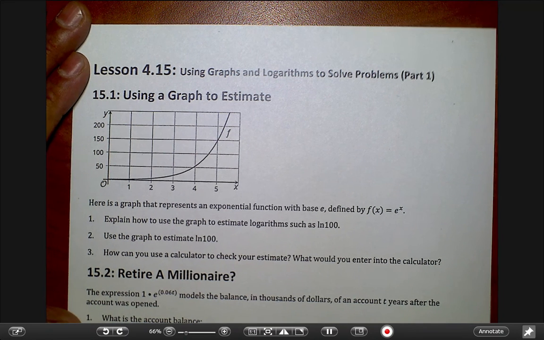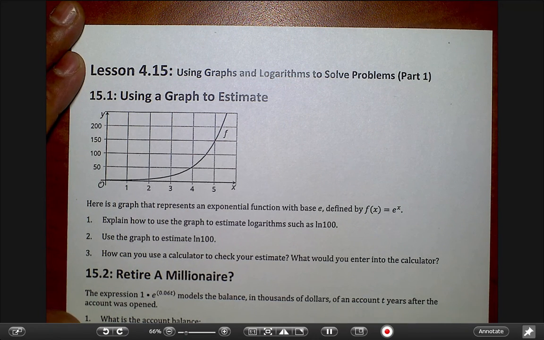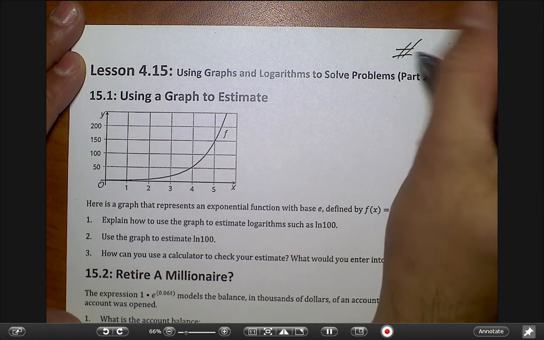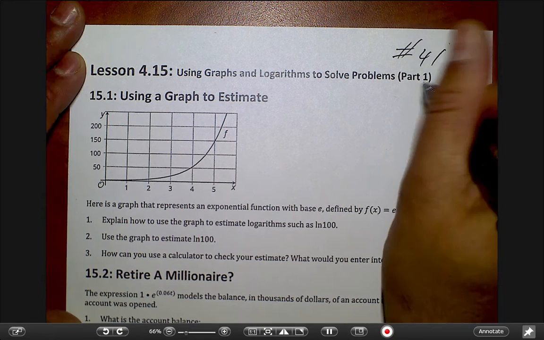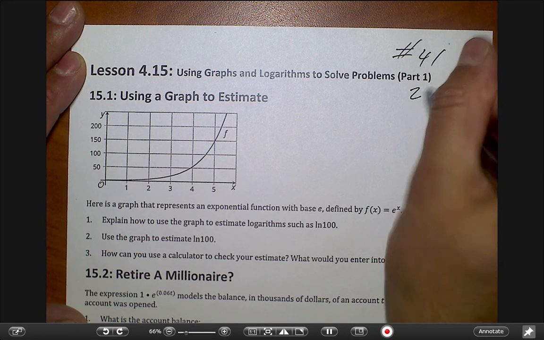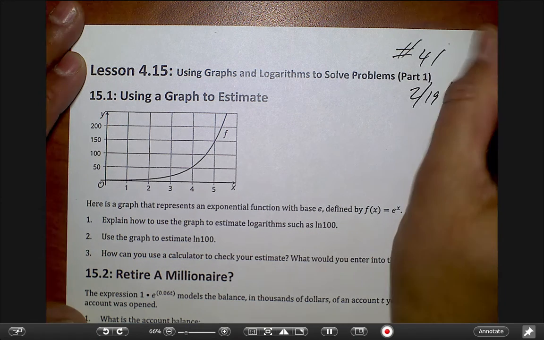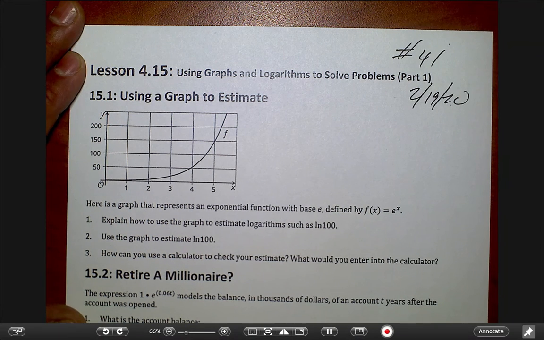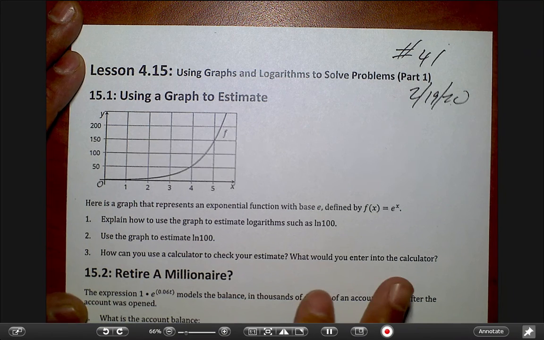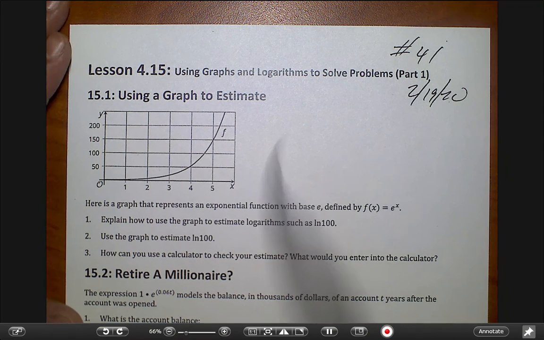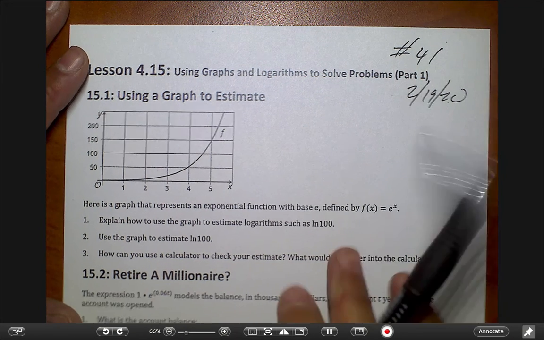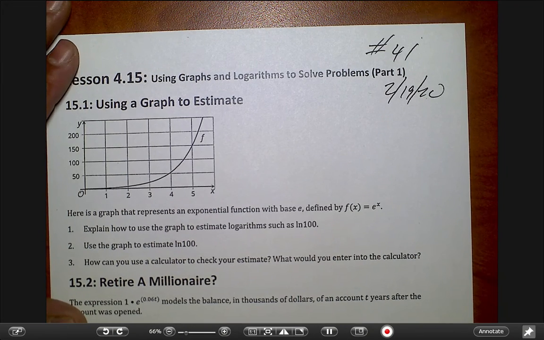All right, so let's go through this. So today, hashtag 41, today's date. Every single time we keep doing this, I am going to rewrite my rules for my logs.